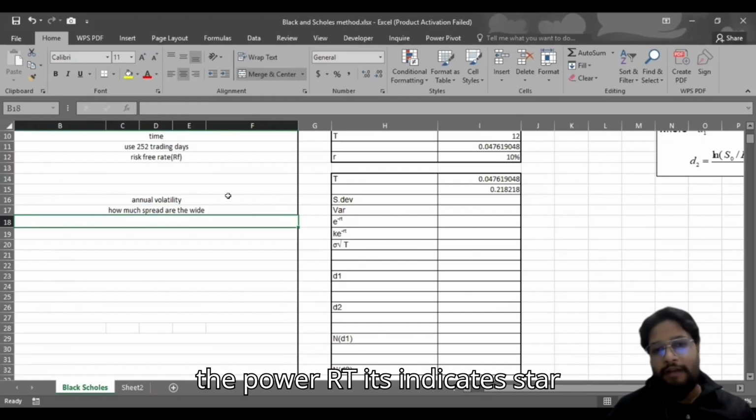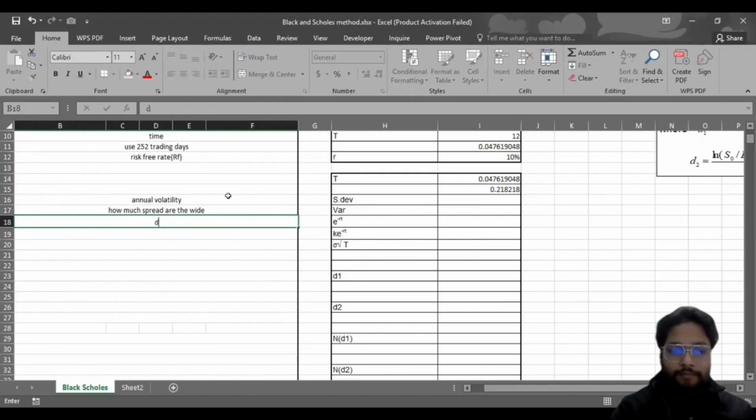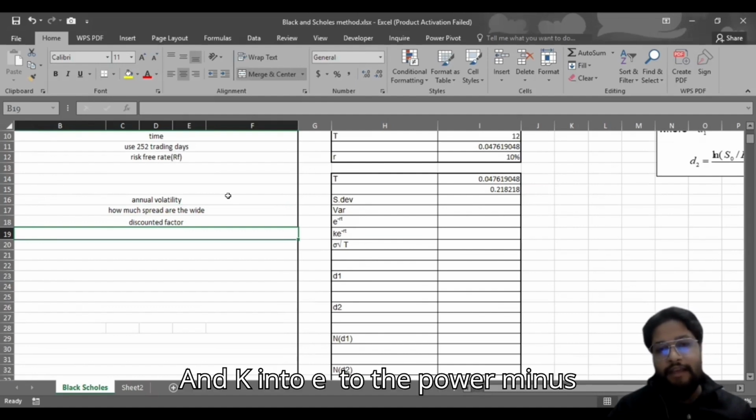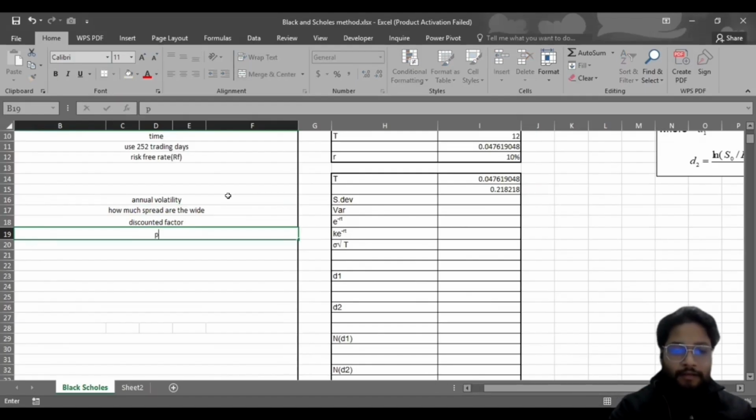And e to the power rt indicates the discount factor, and K times e to the power minus rt indicates the present value of the strike price.